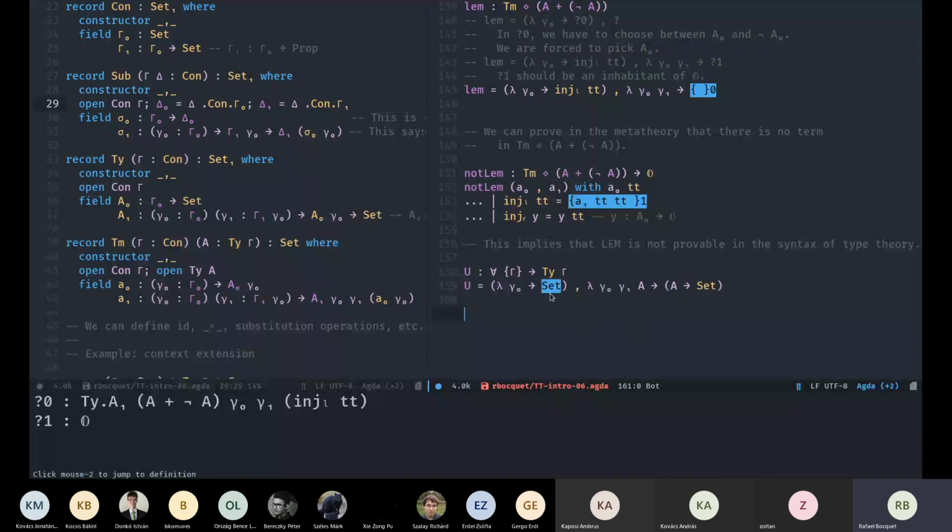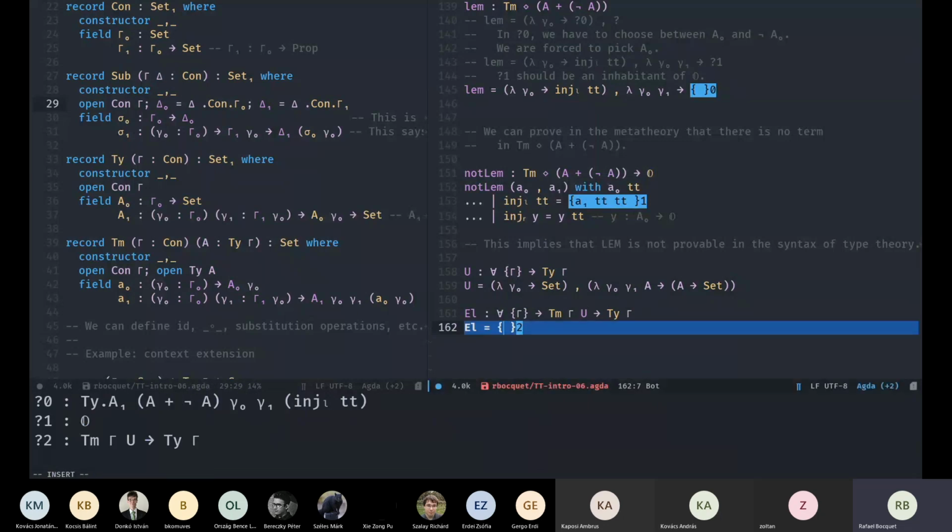So on the first layer, it's just the universe in the set model, and on the second level, it's the family of families over an element of the first universe. Okay, so we need to define the decoding function for the universe.